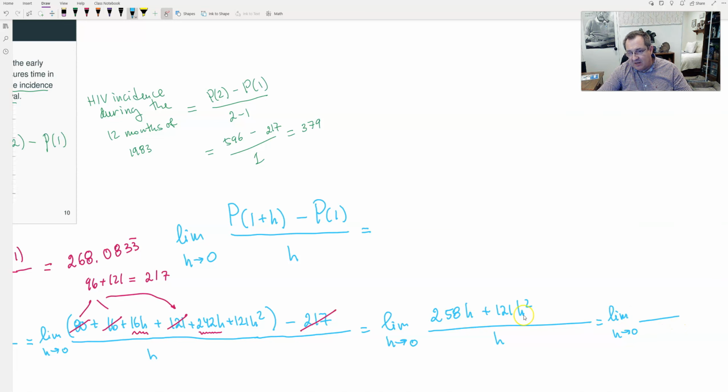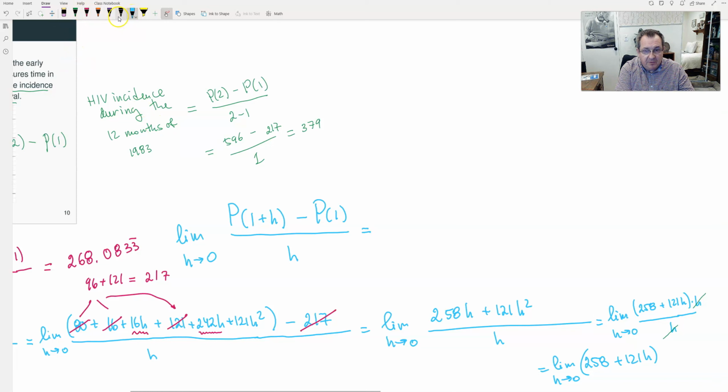That can be simplified a little bit as limit as h approaches 0. What I will do, I'll factor out h. I'll have 258 plus 121h multiplied by h, and the denominator has also h. And then we notice that this h and this h can be cancelled. And the final limit looks like so. Limit as h goes to 0 of 258 plus 121h.